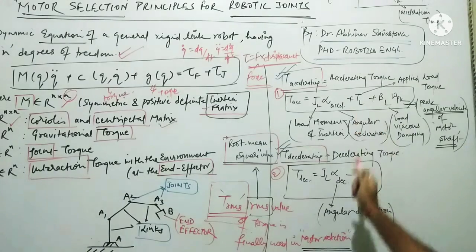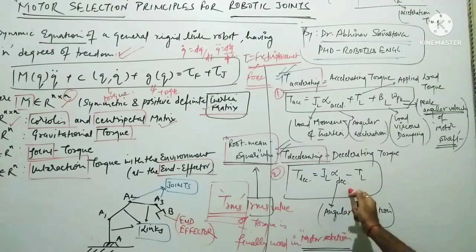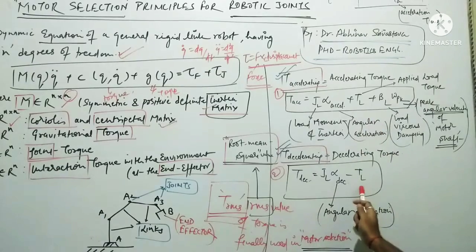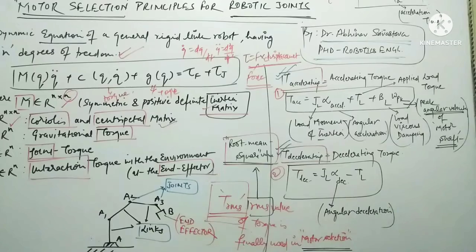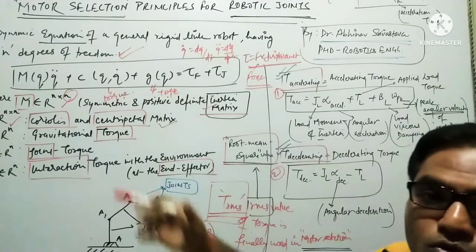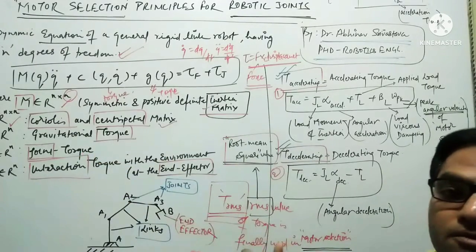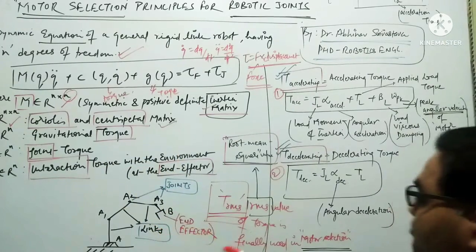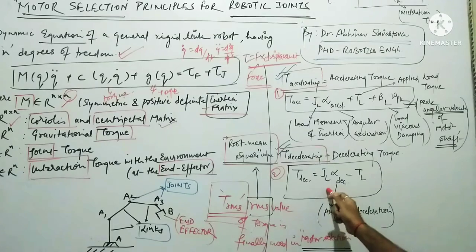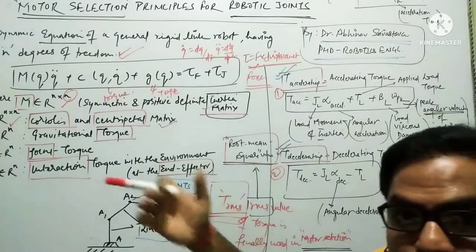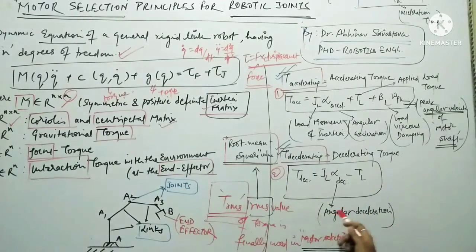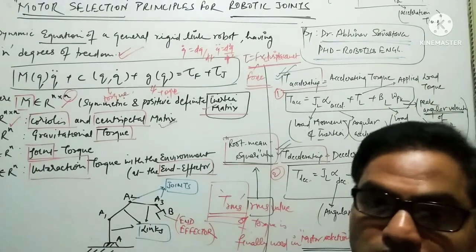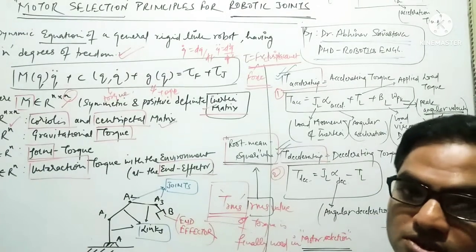In the second term, the applied load torque TL is on the negation side, because in the deceleration the load torque has to be subtracted from the original equation, from the angular acceleration parameter.